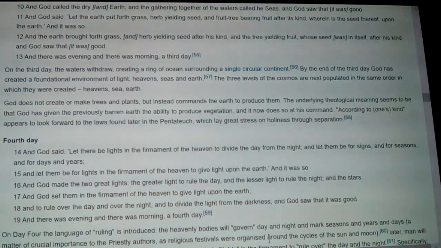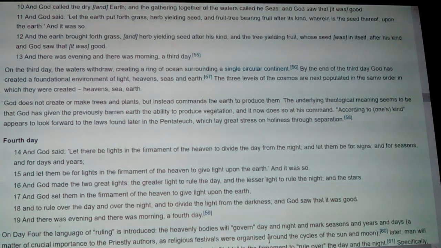By the end of the third day, God has created a foundation environment of light, heaven, seas, and earth. The three levels of the cosmos are next populated in the order in which they were created. Now the heavens, sea, and the earth, which doesn't make any sense when we've been having days and night and light and darkness already. But God does not create or make trees and plants, but instead commands the earth to produce them.